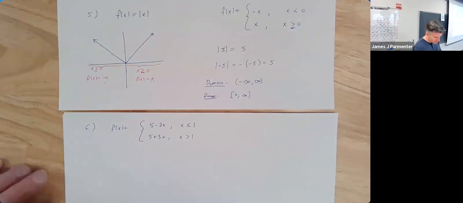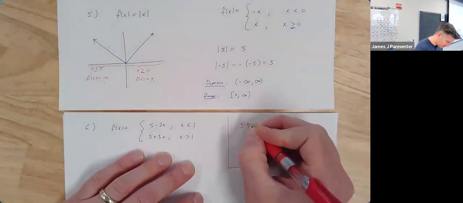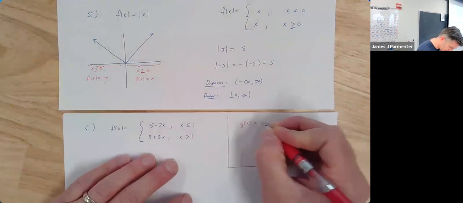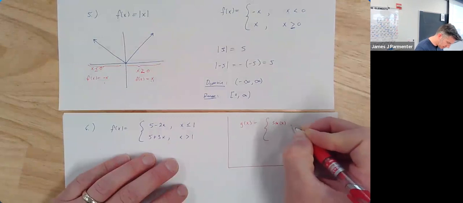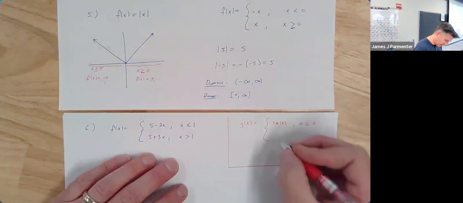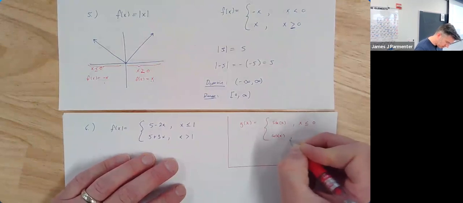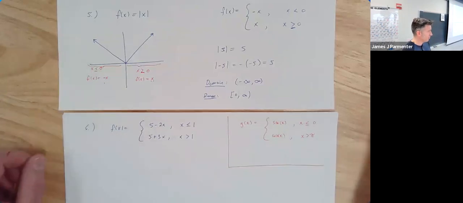So for something like this, first of all, when you have a piecewise function, you can have domain issues if someone left something out. Just as a quick example that we're not going to graph, if someone said my piecewise function was sine of x when x is less than or equal to 0, and cosine of x when x is bigger than pi, we're missing everything between 0 and pi.